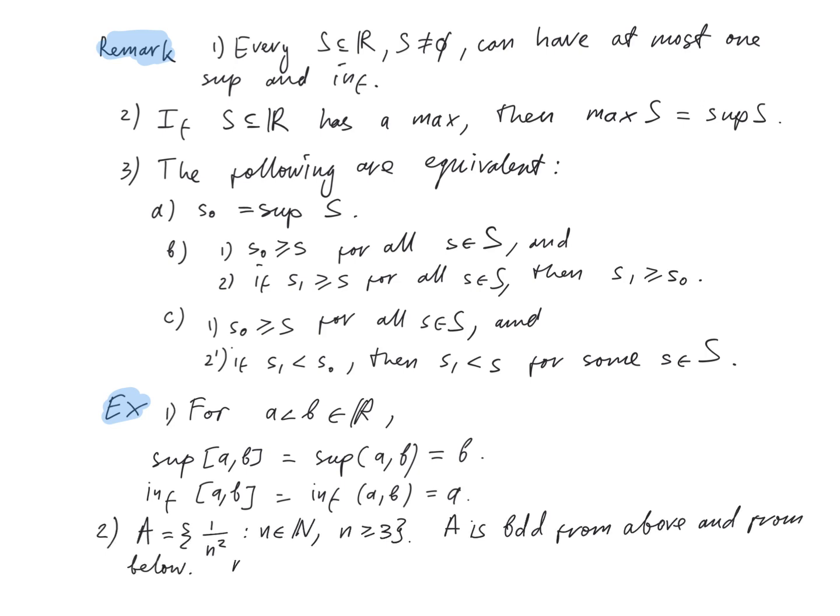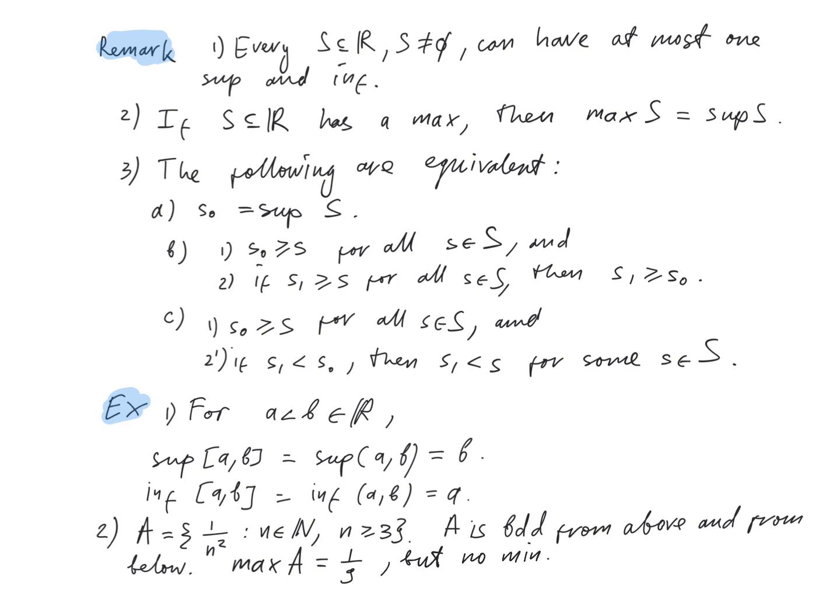It has a maximum, which is equal to 1/9, but no minimum. Indeed, since we can increase n arbitrarily, we see that the element 1 over n squared gets smaller and smaller. So there is no smallest element in this set.